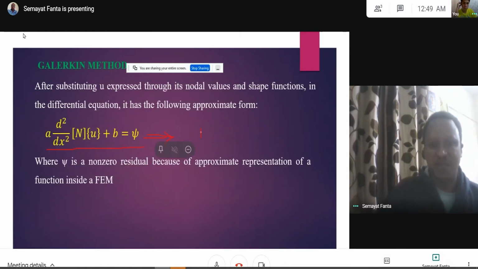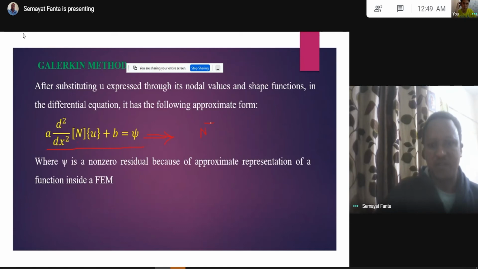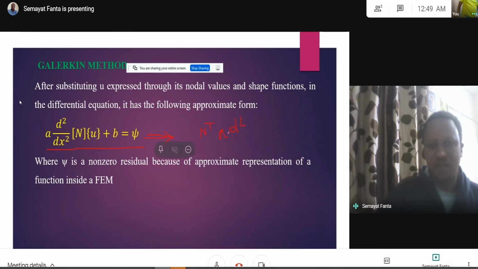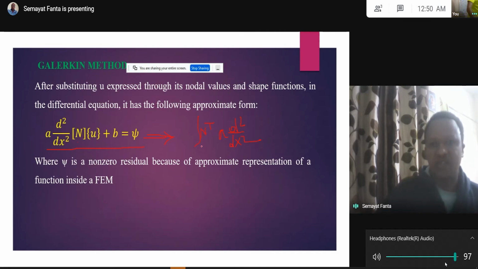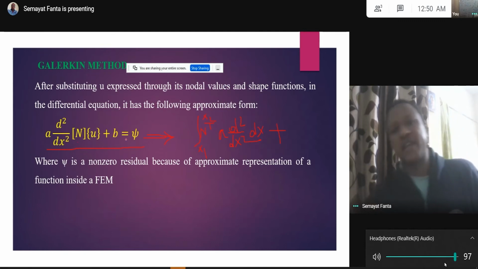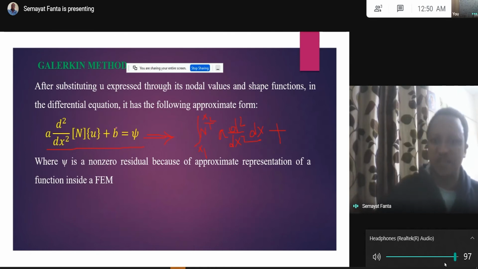N transpose, then A d square u over dx square, that is integrated over the length of x1 to x2 with dx, plus this one also multiplied by N transpose.